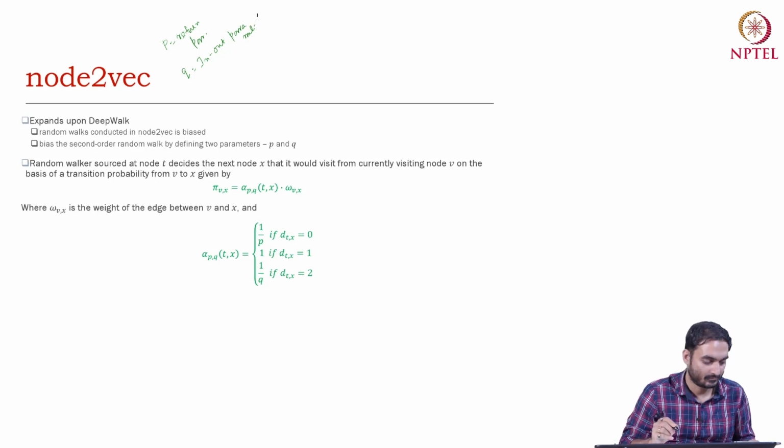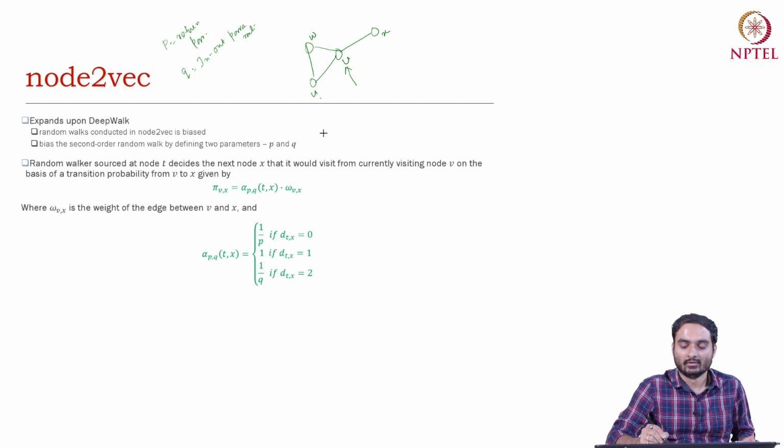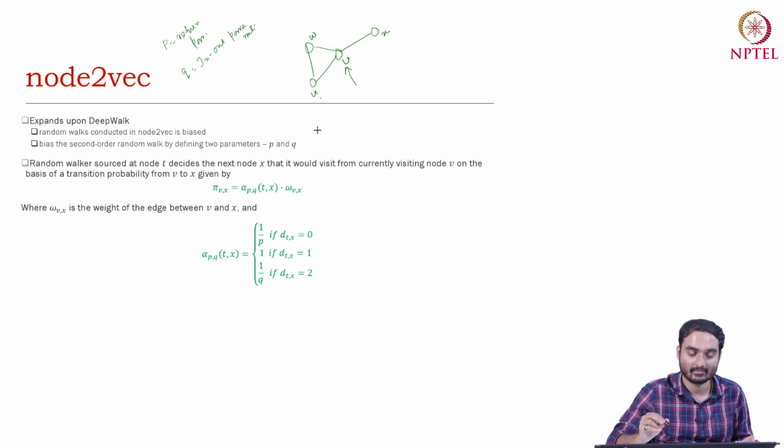Okay. So, what is the idea? Let us say you have a graph like this, and let us say this is U, this is V, W, X. Let us say you have already started your random walk from U and you are currently at V. Based on the parameter P, you jump from V back to U. So, return parameter, U is the source node.